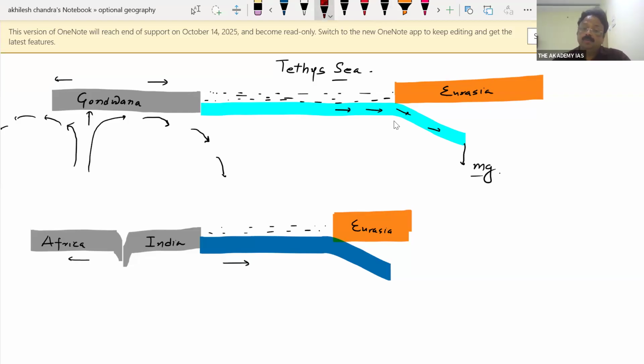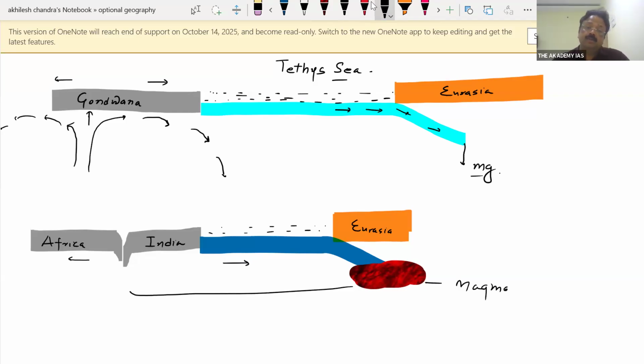And what happened to this Tethys plate? It gets melted and there is formation of magma. And this magma has to be readjusted. That's why it is transferred over here, and this magma comes out over here. And the new sea floor starts taking shape, right?